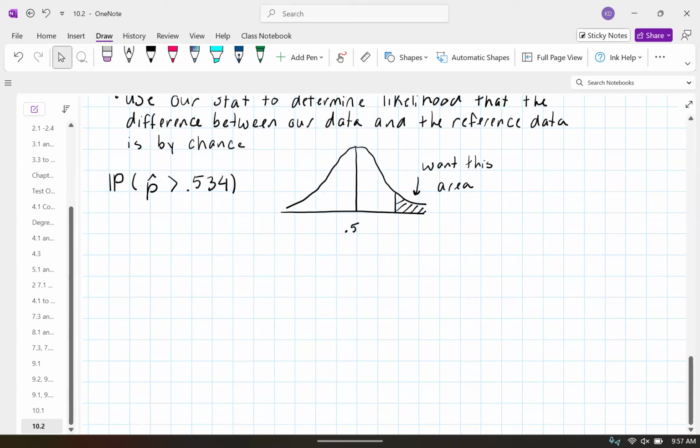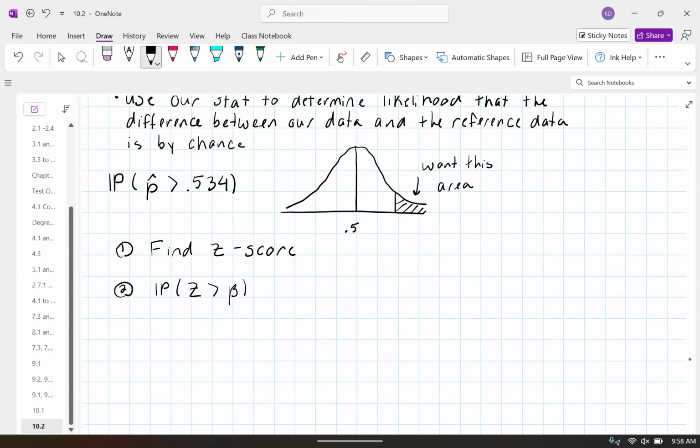How do we do that? We've actually done this before. We're just going to put it all together. So step one, we're going to find the z-score. So we have our formula for that. I gave it earlier. Step two, probability our z is greater than whatever value that was.